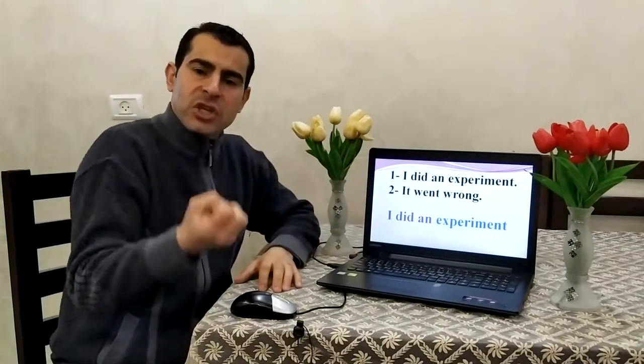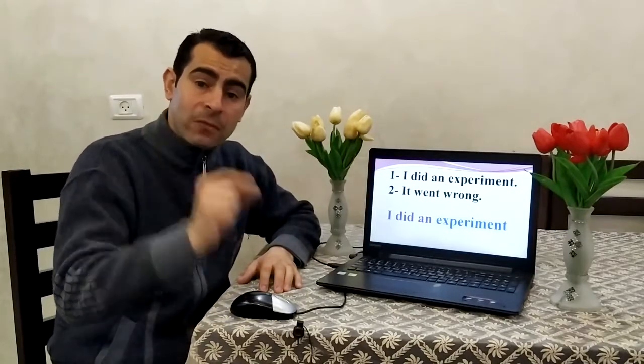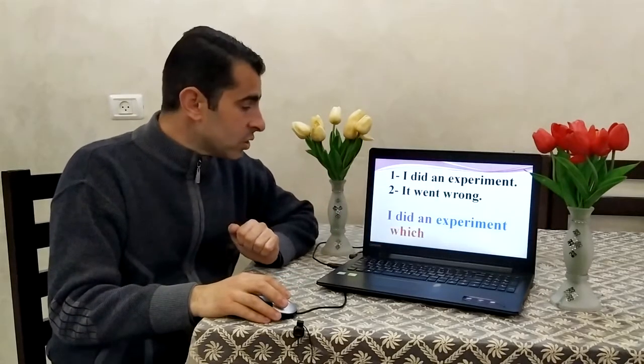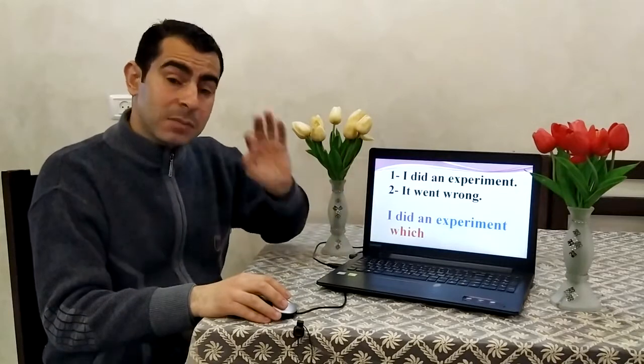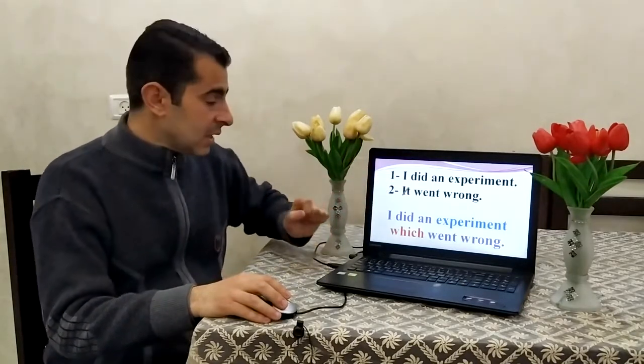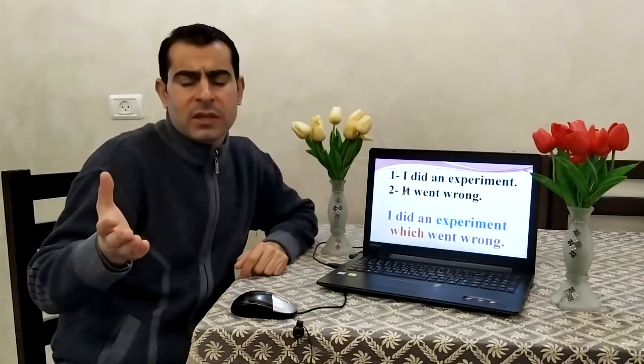Experiment is a thing, so we have to use which. But before using which, remember to delete the full stop. Then we use which, then the rest of the sentence, but remember to delete the pronoun in the second sentence: which went wrong. I did an experiment, which went wrong.